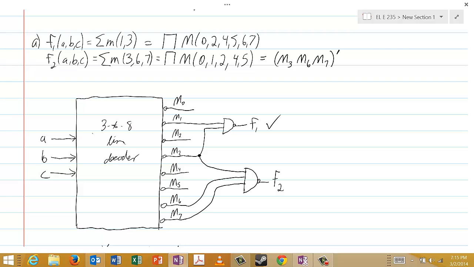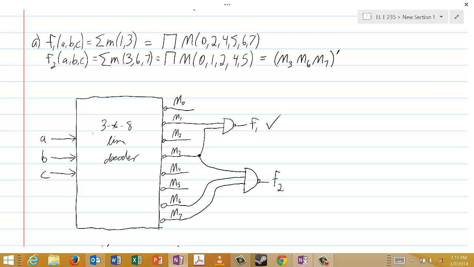If you're using a decoder that is a min-term generator, then my strong suggestion would be to write your function in terms of min-terms. In other words, get the min-term expansion for it.